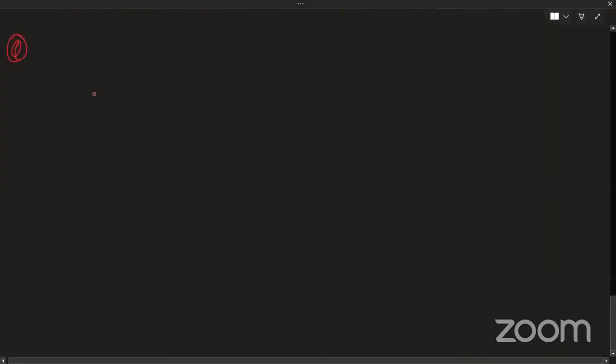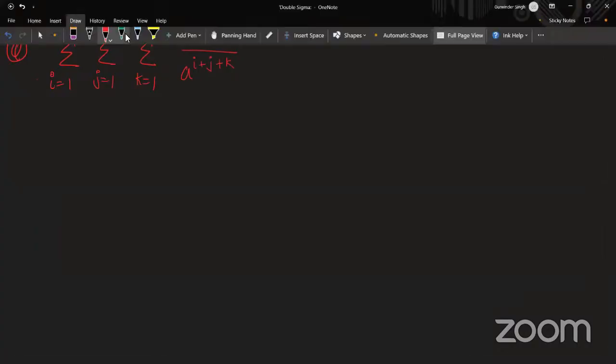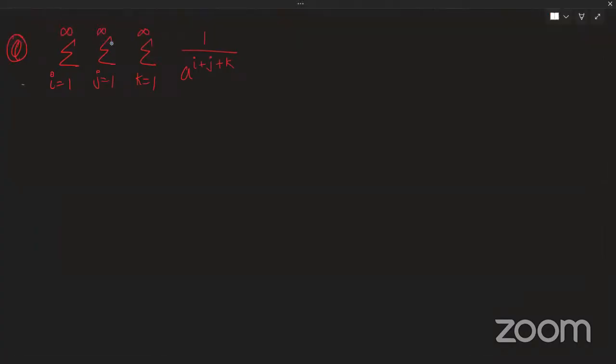So now what is happening is I have sigma i going from 1 to infinity, sigma j going from 1 to infinity, sigma k going from 1 to infinity, and I have 1 by a raised to i plus j plus k. Fine? Everyone? Understood?